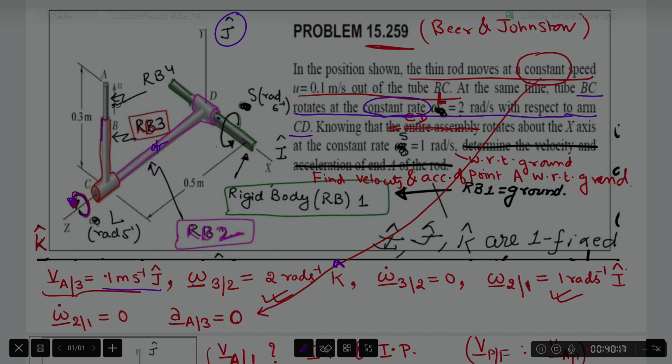So for this man, the angular velocity magnitude is constant, that is 2 radians per second, and mind you, the direction of omega 32 as seen by this man always remains the same. For this man sitting on RB2, omega 32 is always pointing along the purple tube itself.